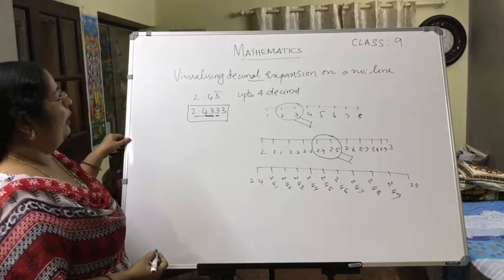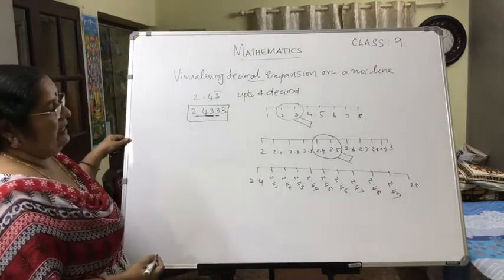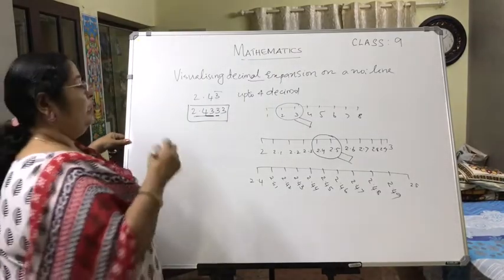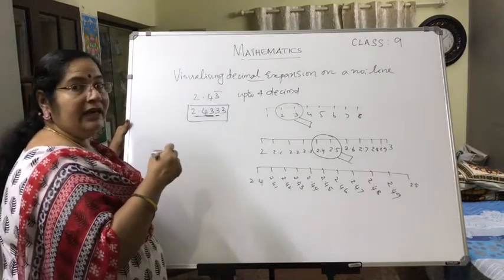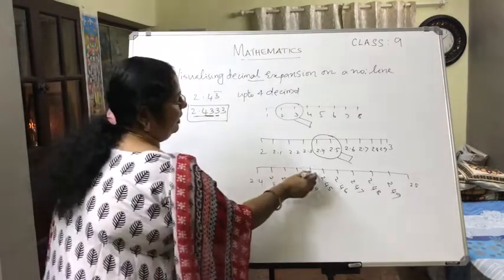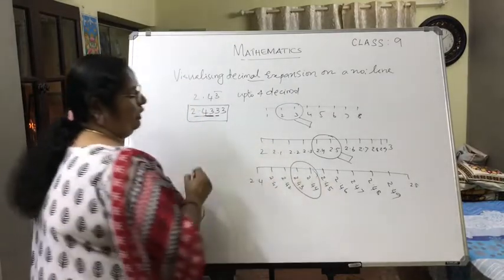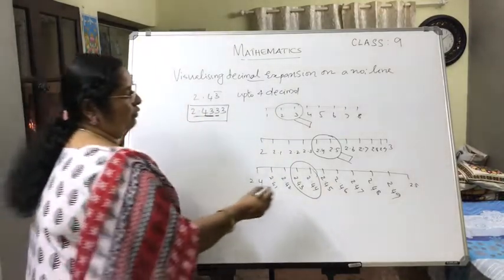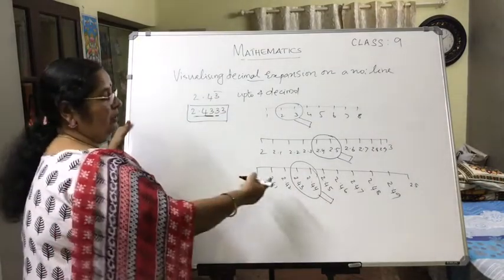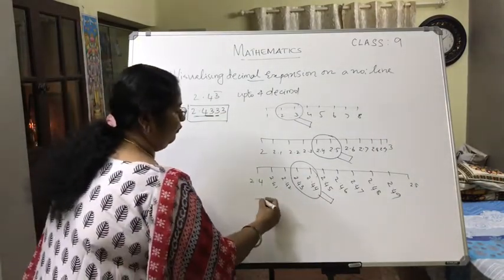So 2.433 will lie between 2.43 and 2.44. So which one? Here. 2.43 and 2.44. Now we will be enlarging the portion between 2.43 and 2.44.